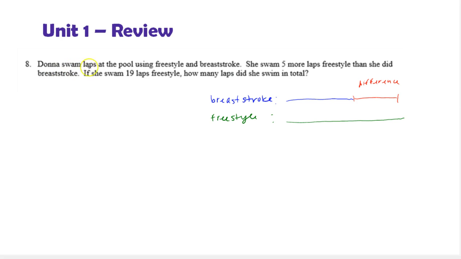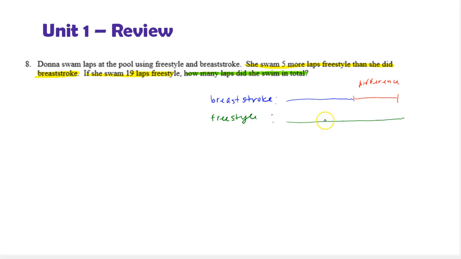Donna swam laps at the pool using freestyle and breaststroke. She swam 5 more laps freestyle than she did breaststroke. If she swam 19 laps freestyle, here comes the question, how many laps did she swim in total? So we have the amount she swam breaststroke and freestyle, okay, and we're told in this sentence right here she swam 5 more laps freestyle than she did breaststroke.